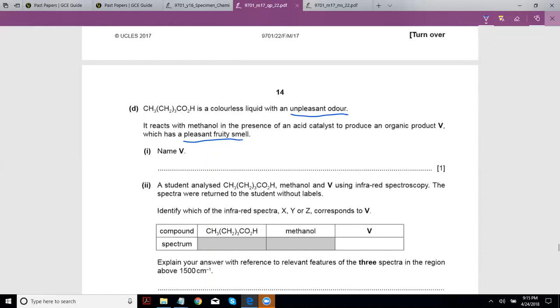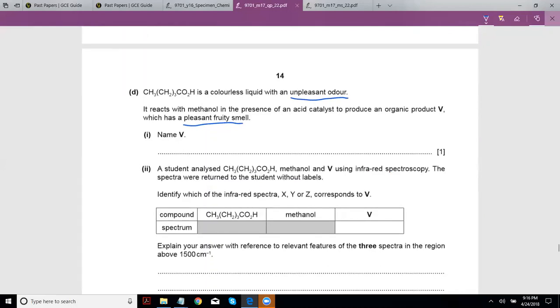One, an acid and an alcohol reacting, so obviously an ester. Secondly, esters do have a distinctive smell, so that's the second hint. Name V. You have CH3, a lot of these groups, and then this.